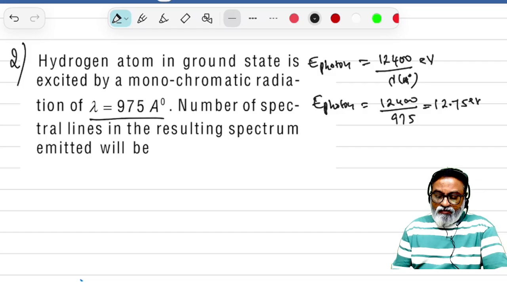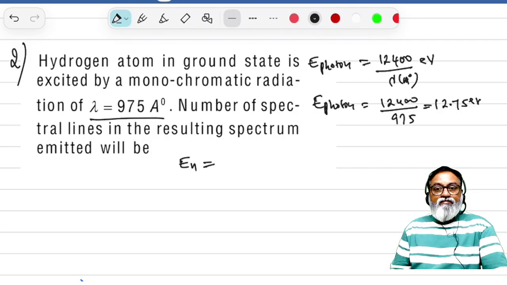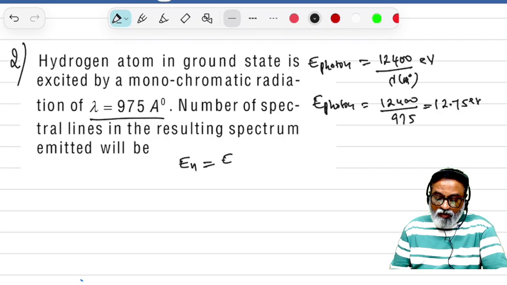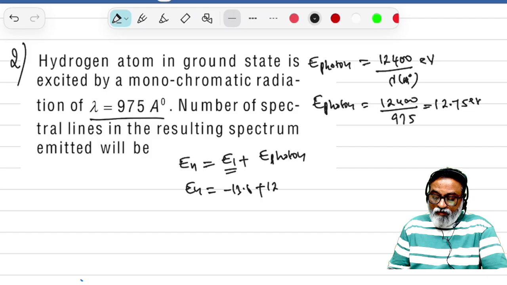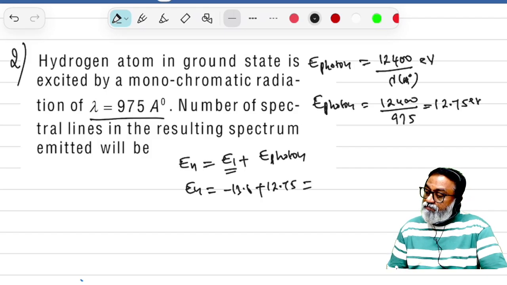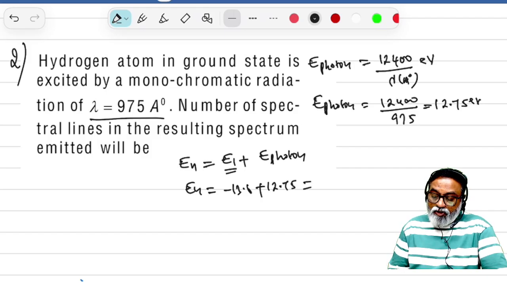With this energy, if the electron in a ground state absorbs this energy, it is excited to some other energy level. Therefore, if it is excited to nth energy level, En is equal to ground state plus energy of photon. Therefore, En is equal to minus 13.6 plus 12.75. This becomes minus 0.85 electron volts.